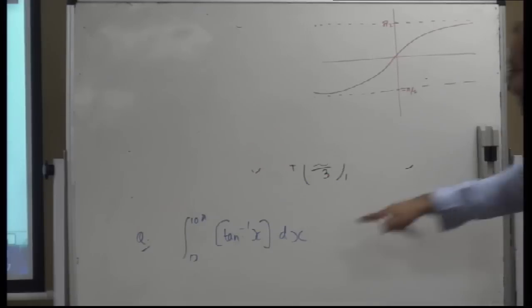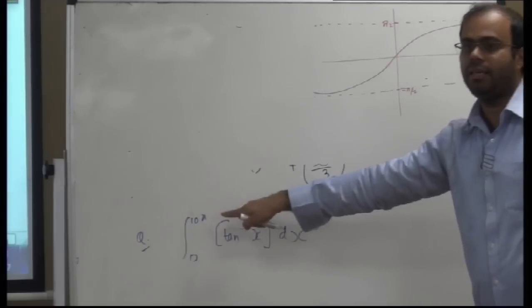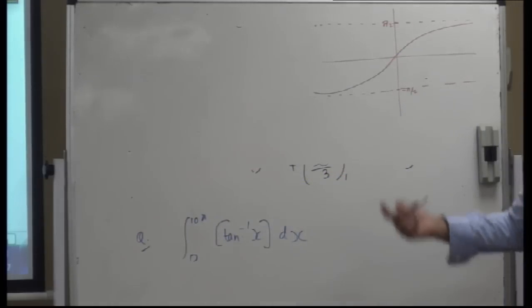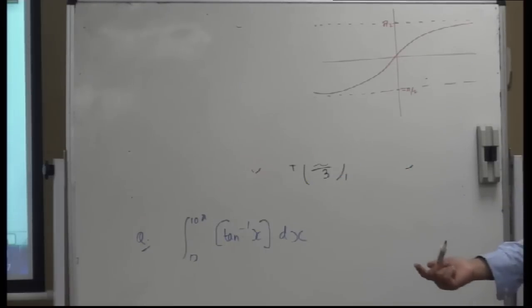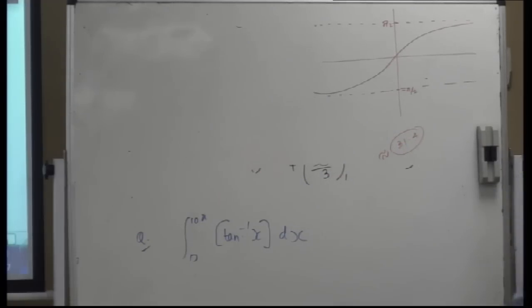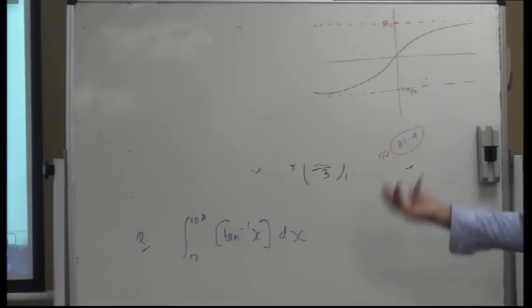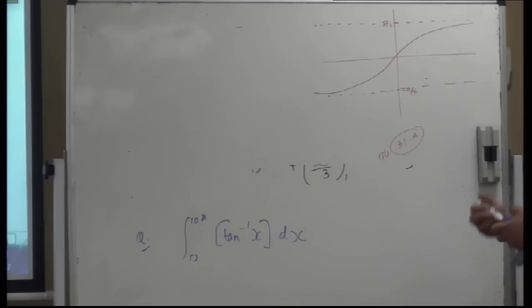So here x is not the angle, though it is written as an angle 10 pi, but it is a value, that is 10 into 3.14, which is 31.4 approximately. So they have written from 0 to 31.4 tan inverse x greatest integer function integral.